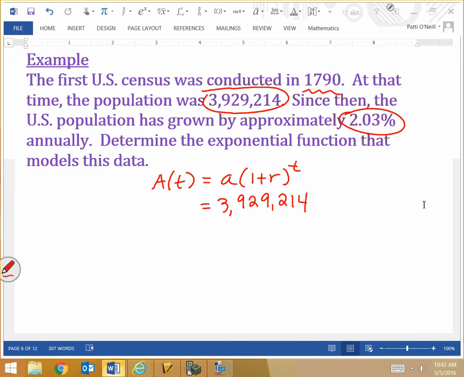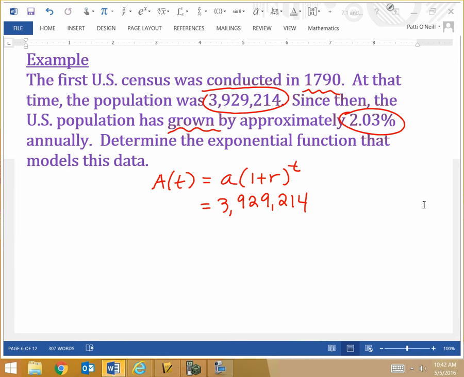Let's think about what the growth factor is going to be here. We know that it's going to be growth because it says right in the problem that it's growing. Growing by 2.03%. Now the r is the percent of growth or decay that we have given to us in the problem. We always use it as a decimal. It will be given to us as a percentage.